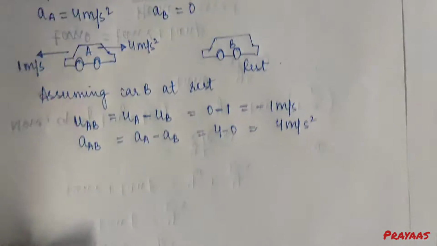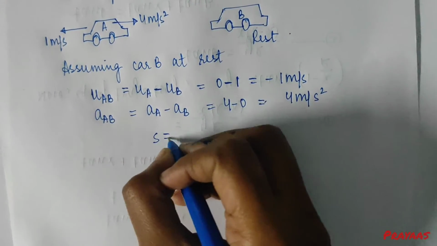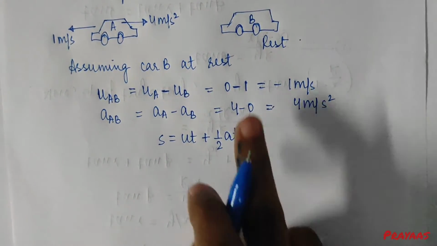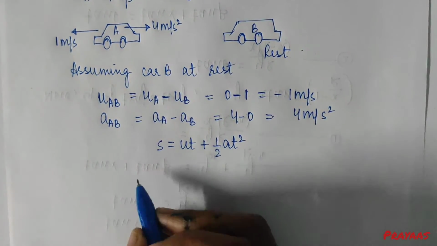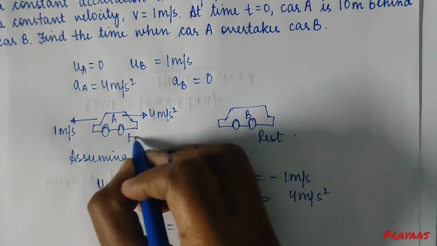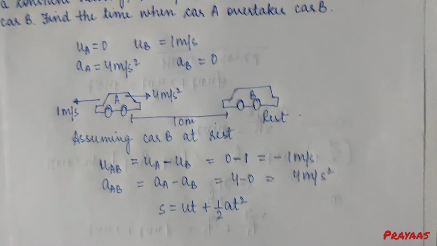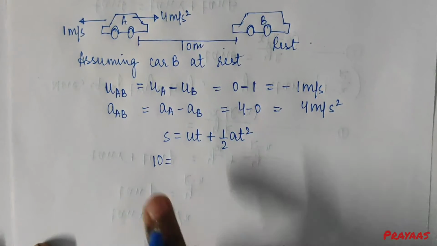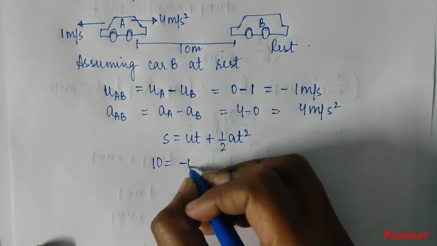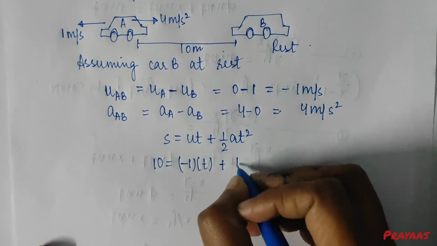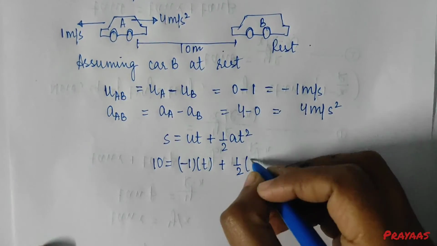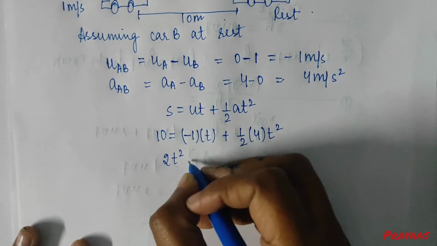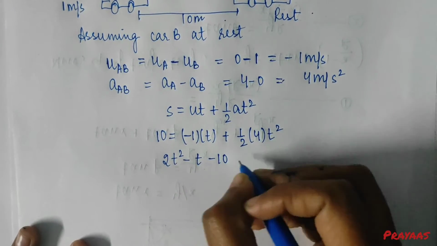I am applying the second equation of motion, that is s equals ut plus half at square, for finding the time when car A overtakes car B. So this distance s between the cars is given as 10 meter in the question. So the value of s will be 10. Initial velocity of car A with respect to car B is minus 1, times t, plus half, acceleration of A with respect to B is 4, t square. On solving this, it will come out to be 2t square minus t minus 10 equals 0.